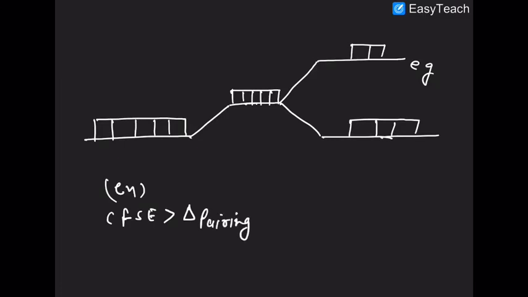So pairing of electrons will take place. But in case of the fluoride anion, the CFSE is less than the pairing energy. So in case of en, what will happen? There is a pairing of electrons.